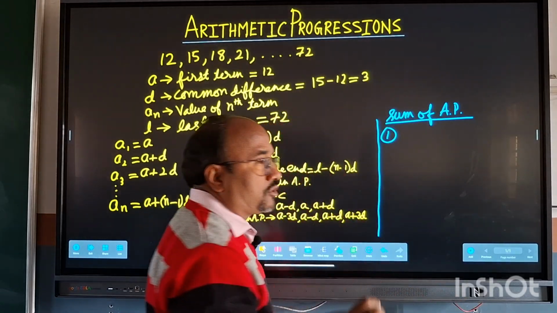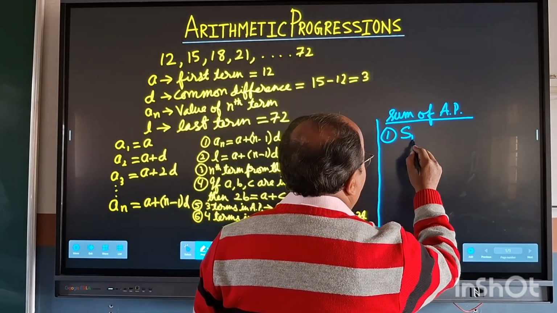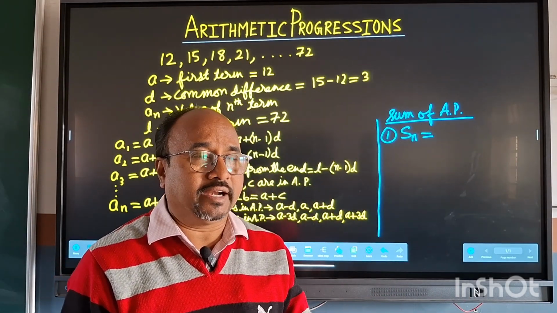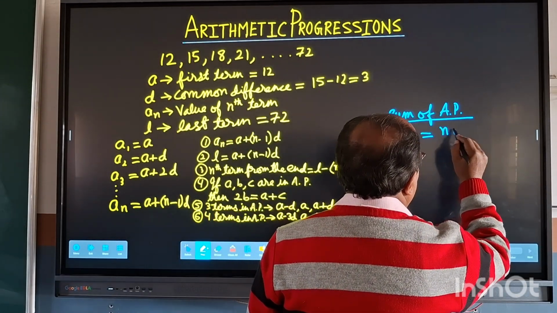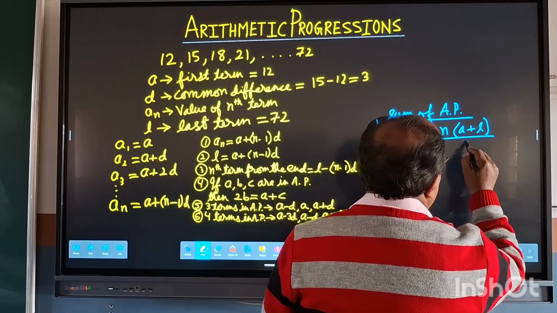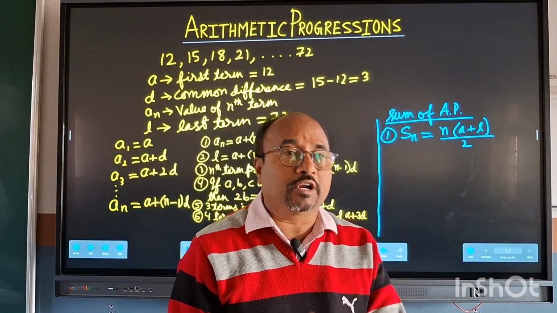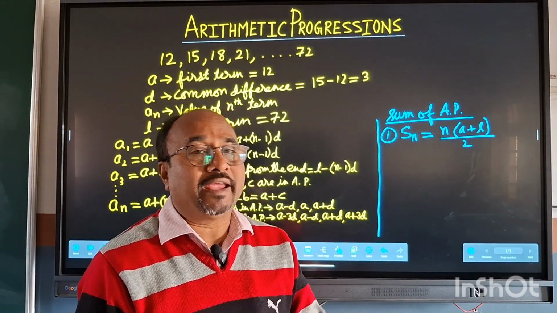First of all, the relationship is Sn equals, Sn stands for sum of n terms. Remember that S is sum, so sum of n terms. That will give you n times a plus L by 2. So it is n by 2 times a plus L. n is the number of terms, a is the first term, L is the last term, by 2.